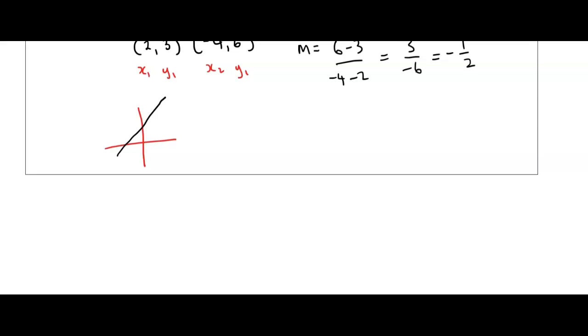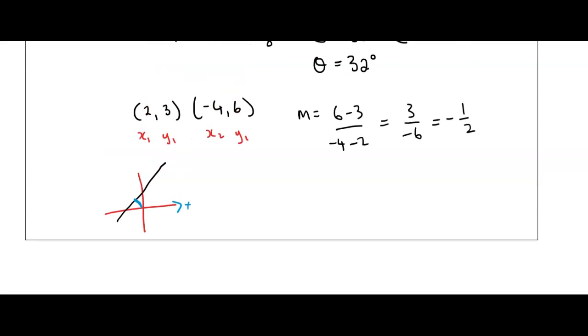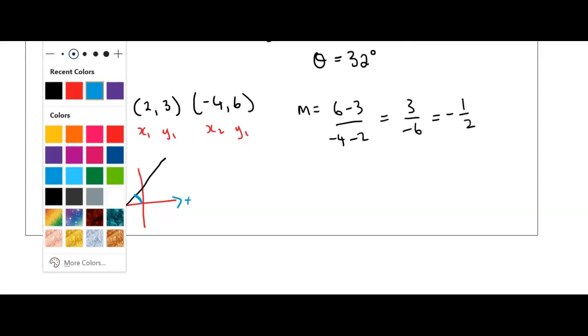So the angle we're looking for in this one is this angle here. So the positive direction of the x-axis, we're looking on this side of that line. Now we would then expect to get an angle that is less than 90 degrees, which we did, I think it was 32.